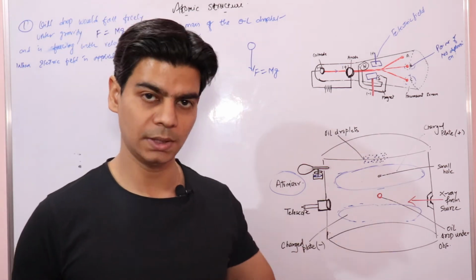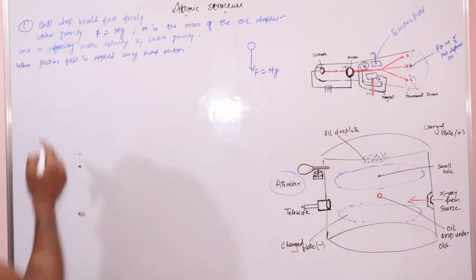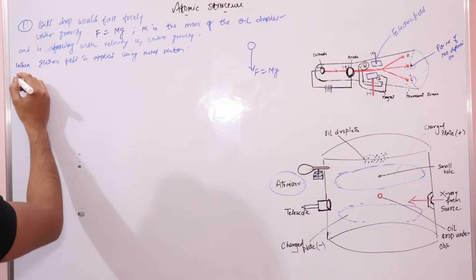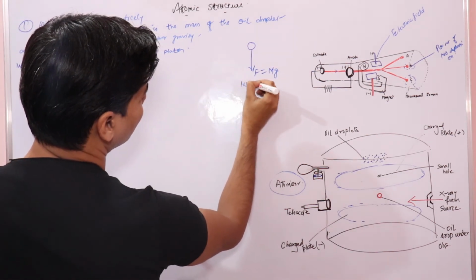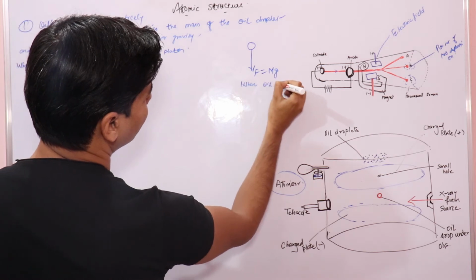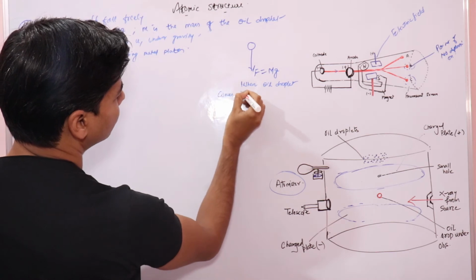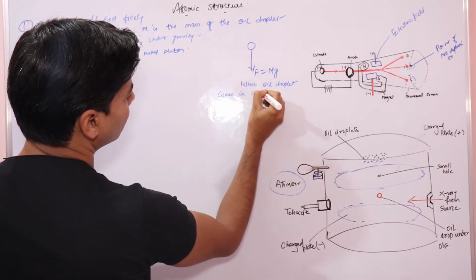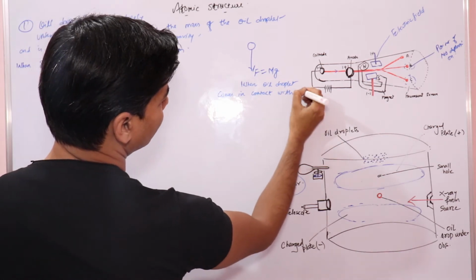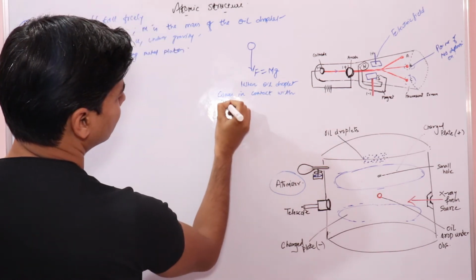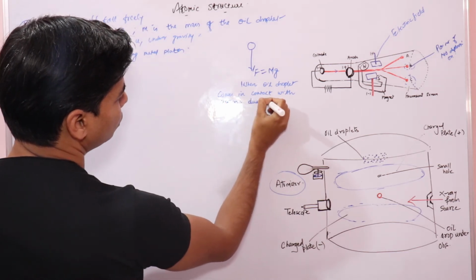Maybe 1, 2 or 3 electrons will get attached to these oil droplets, when this oil droplet comes in contact with electrons produced due to these X-rays.